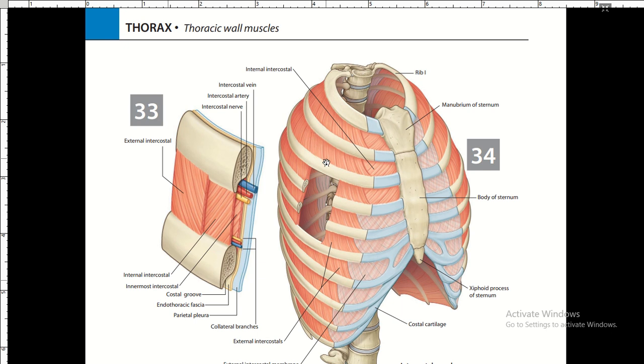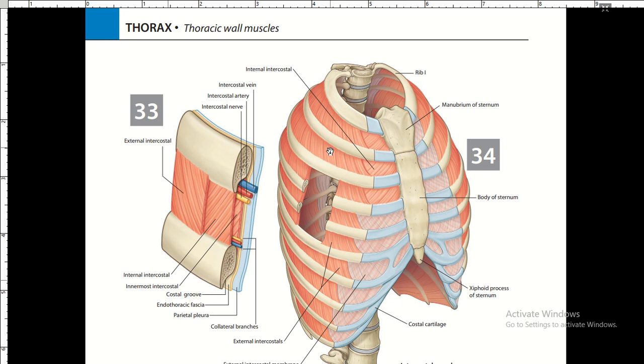So they go forward and downward, forward and downward, forward and downward. Or we can say they go anteroinferiorly. So the fibers of the external intercostal muscles. So you can use the mnemonic or just an understanding of taking your hands into your pockets.